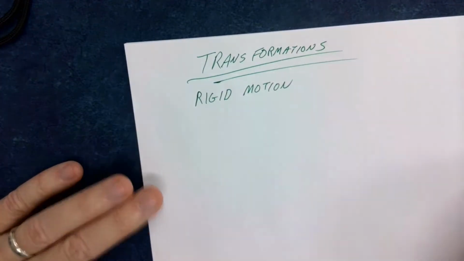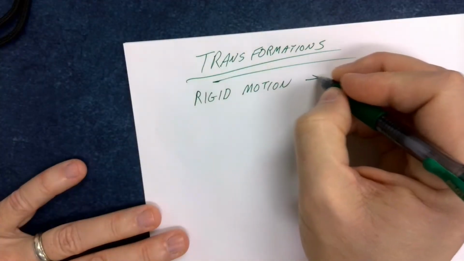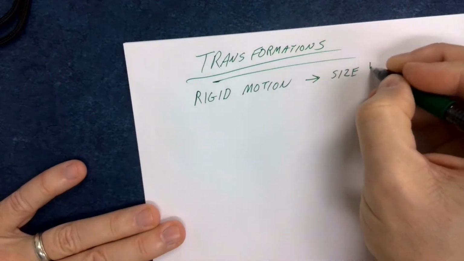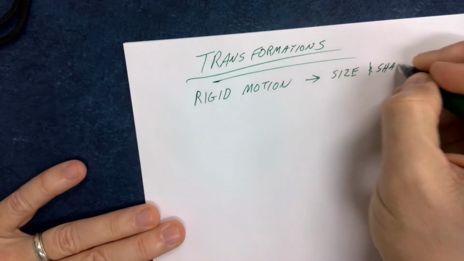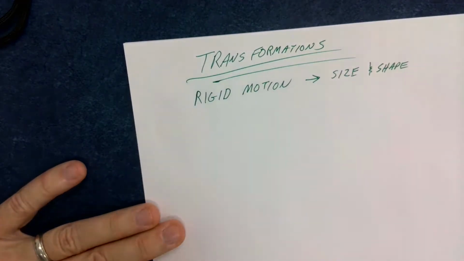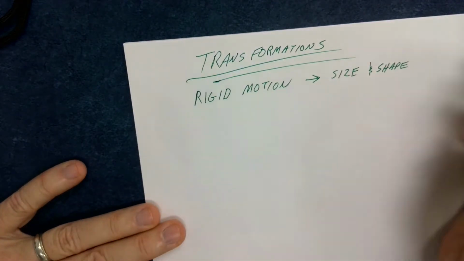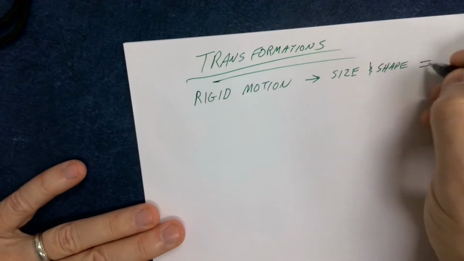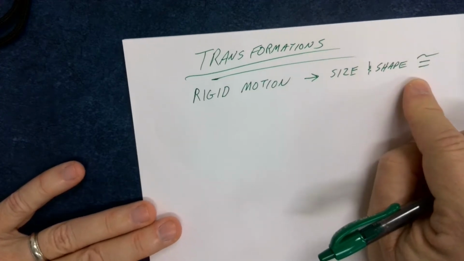So rigid motion ones means that they're going to be the same size and shape after the transformation. Or in other words, what's our big C word for that? Congruent. Oh, look at that. So that they're going to be congruent.